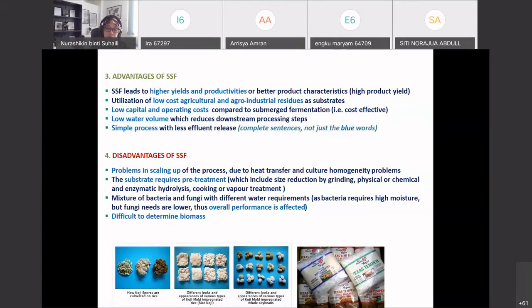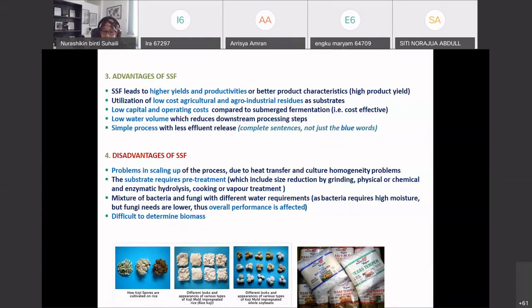Those kinds of pre-treatment are a bit tedious for submerged fermentation, whereas if you just use solid state, you can just ferment the sago hampas with perhaps yeast, and then the fermentation can happen easily. Okay, so that is the difference between submerged and solid state fermentation.